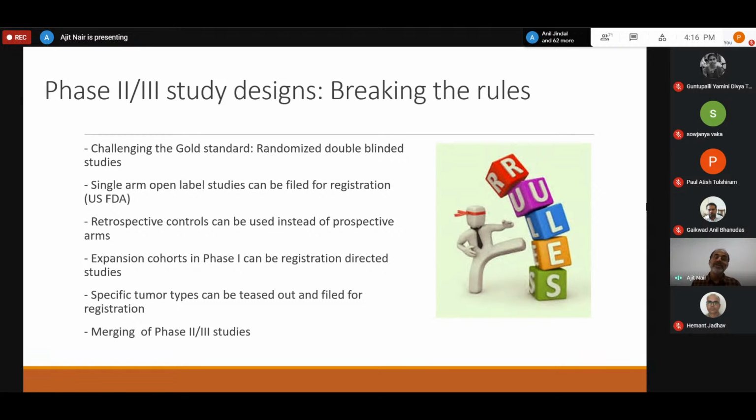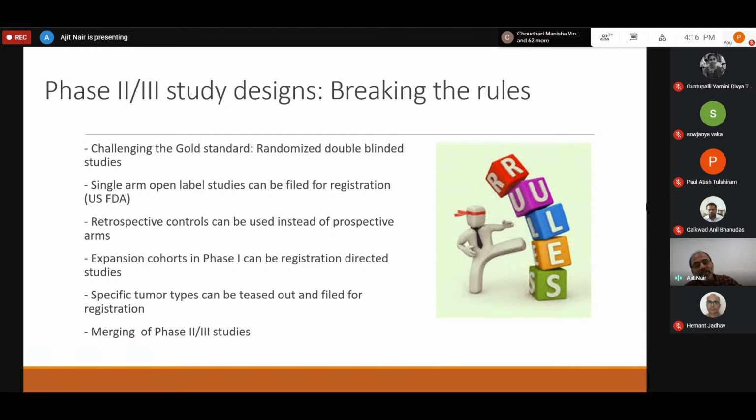You can also look at retrospective controls instead of prospective controls, right? When you do a randomized double-blind comparative study, you have to have a prospective active control, and that control could be a placebo or the standard of care. Whereas in oncology, you can actually use a retrospective control.